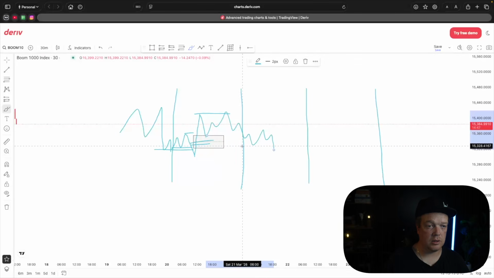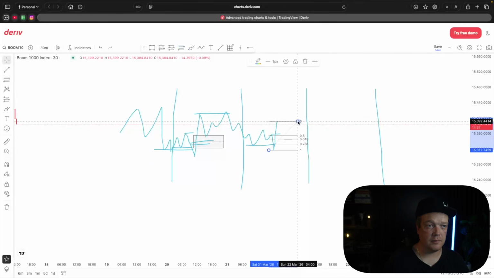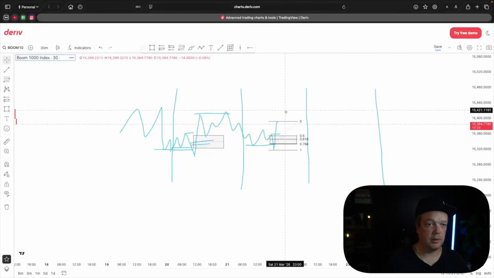Starting, we took out a liquidity, mark out the high, we maybe did this, then again we are going to mark out our fib, draw out our zone, delete our fib, and then look for an order block, fair value gap, or breaker block.